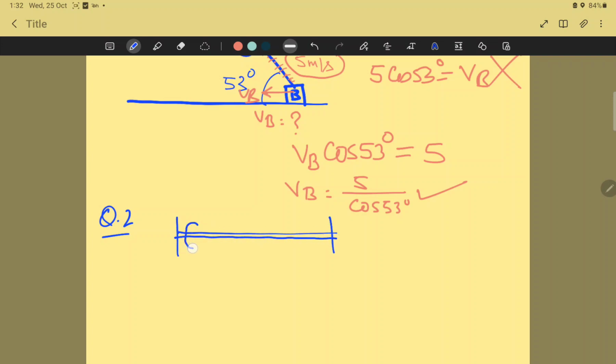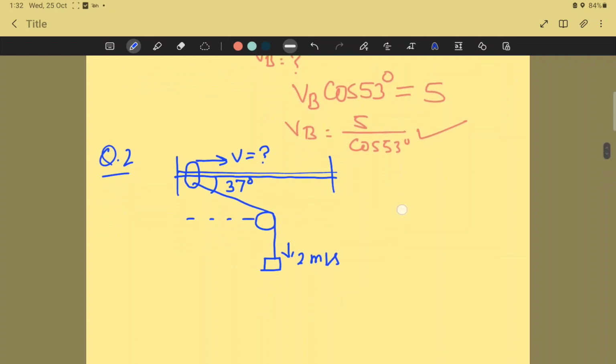There is a ring moving with velocity v, and there is a pulley making an angle of 37 degrees, and a block having velocity 2 meter per second. Now you have to calculate the value of v. What is the value of v supposed to be solved?